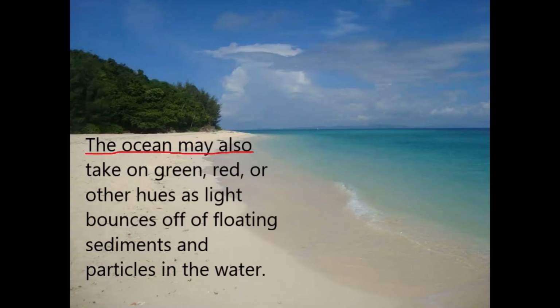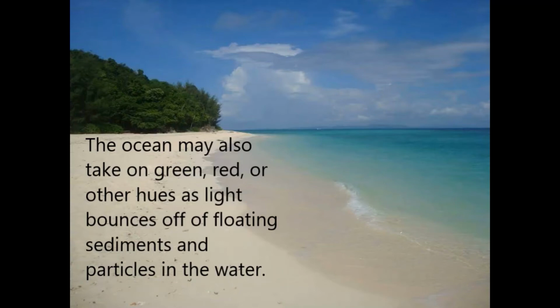The ocean may also take on green, red, or other hues as light bounces off floating sediments and particles in the water. Okay, so as I had said at the beginning of the video, yes, the sun does play a factor. However, as you read here, also what factors into this ocean making it blue, or in this case, green, red, or other colors, are the sediments and particles floating in the water.